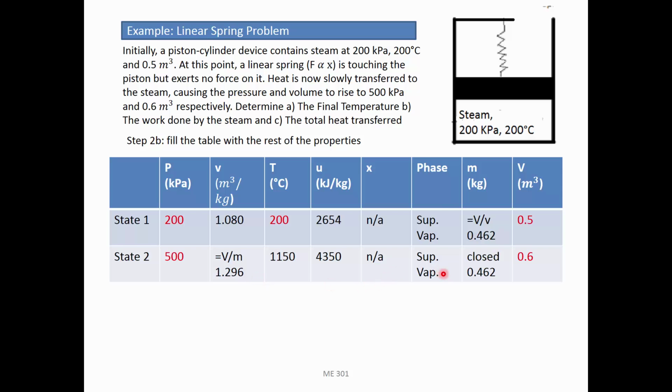Phase turns out to be superheated vapor, and we can approximate the temperature and internal energy by eyeballing from the table. And the final temperature is about 1150 C, and the internal energy is about 4350 kilojoule per kilogram.